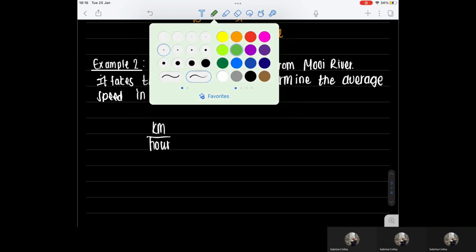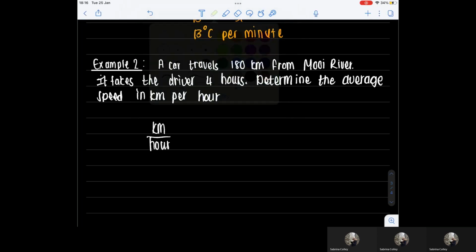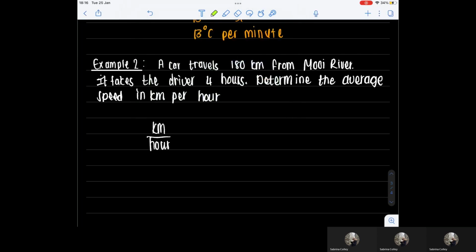So let's have a look at how we can work this out. Okay, so we know that it took the driver 4 hours to go 180 kilometers. So 180 kilometers in 4 hours. They want to know per hour, so for 1 hour, how many kilometers is the speed per hour.